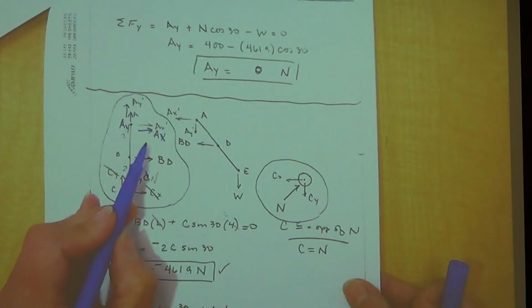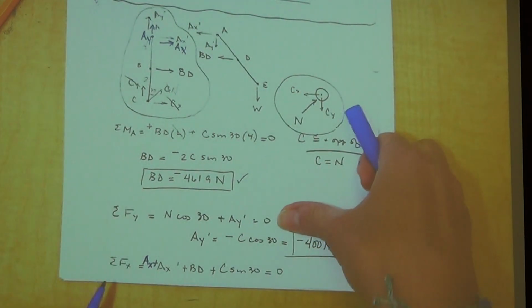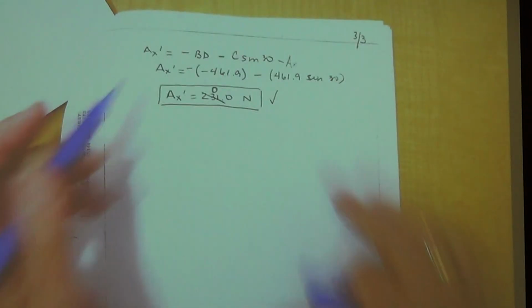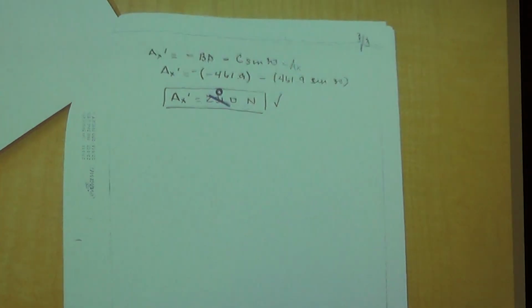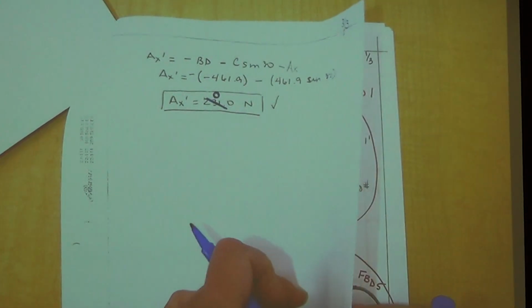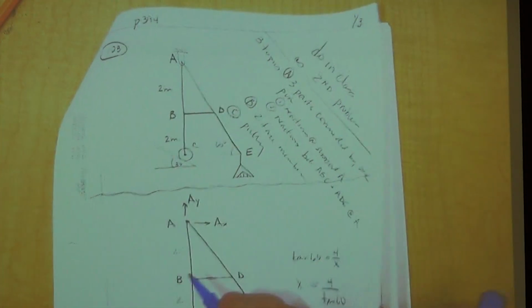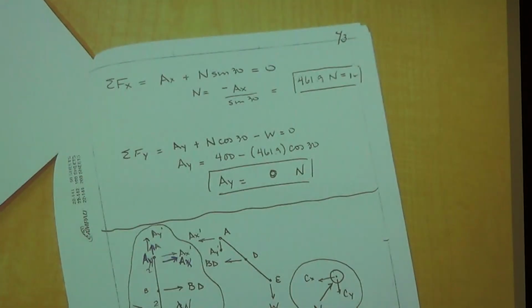When you get to this free-body diagram, I should have had AX and AY in it, which means AX should have been in the sum of the forces in X. And AX prime turns out to be 0. Maybe I should email this to you, because I'm correcting it. Yeah? Okay. And that's it. Everything else turns out to be fine. So let me email you that solution that has the correction on it. I'll do that.